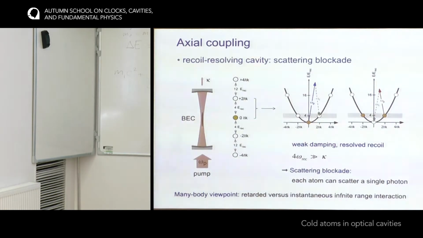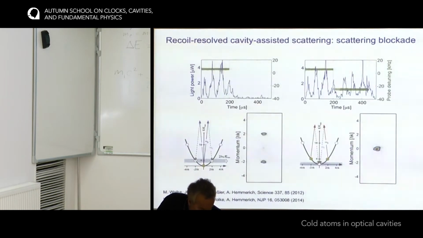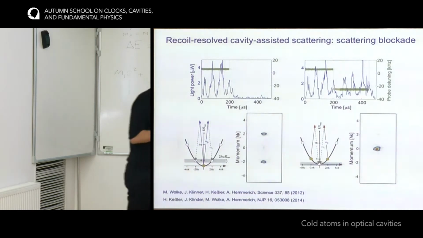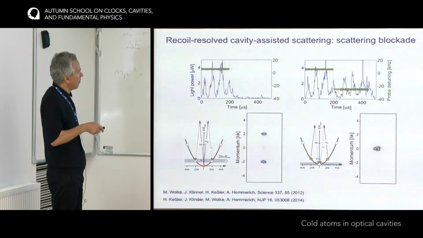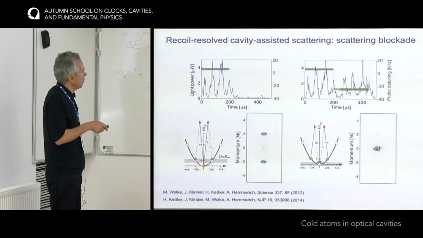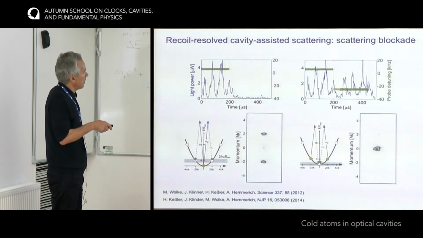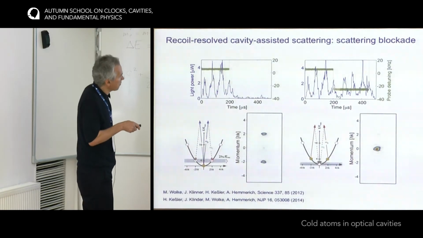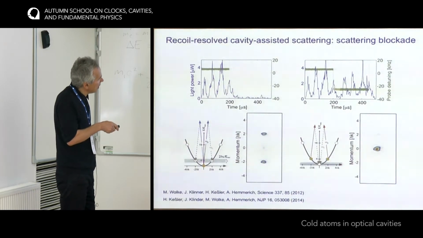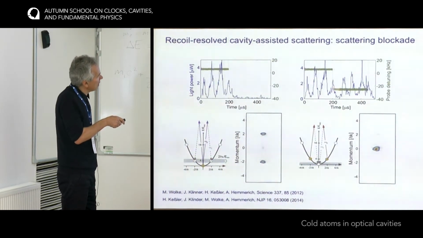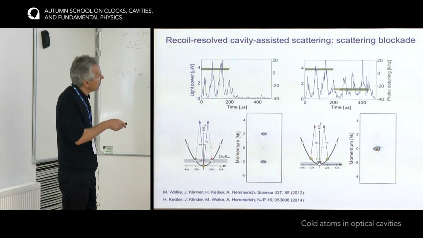That is something you can directly look at experimentally. What we're doing here is the first step, starting with the BEC and exciting by scattering a photon to bring the atoms into the plus minus 2 h bar k states. As you do that, there are the photons that you send in, which are blue detuned with respect to the cavity resonance frequency, and there are photons at the cavity resonance frequency emitted into the cavity.